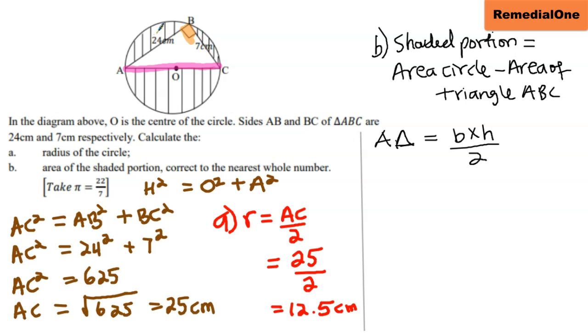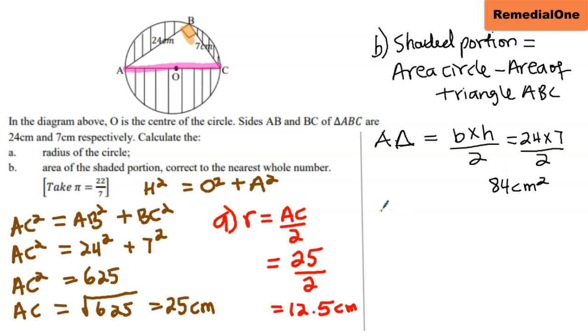If you take 7 to be the height, then the base length is going to be 24. So be careful, you're not going to use the 25 that we got from here. Most students make that mistake. So here, 24 times 7 all over 2 will give us 84 centimeters squared.